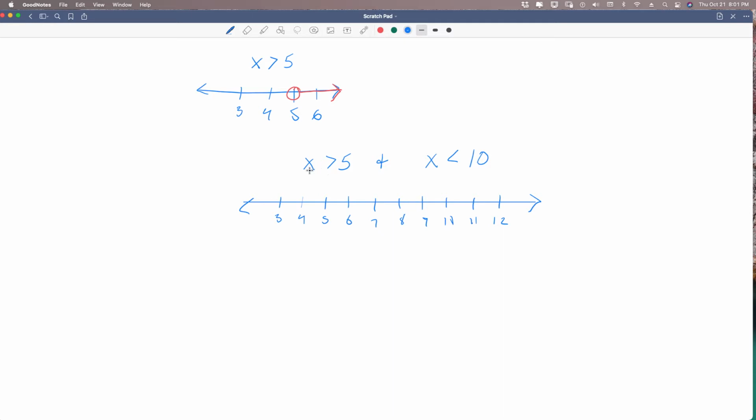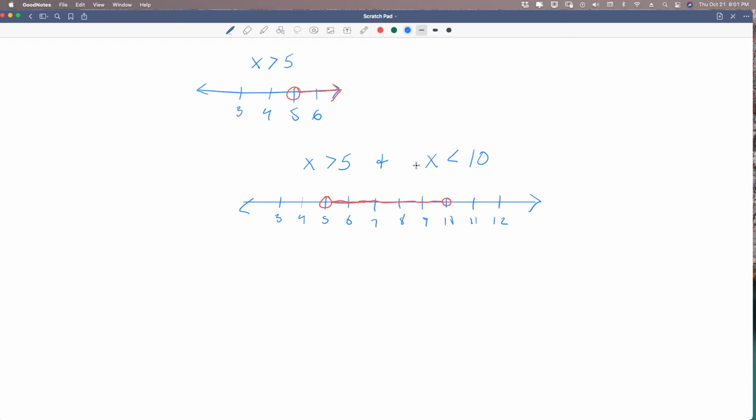All right, so if x is greater than 5, and there's no equal sign here, we want to circle 5 and go this way, to the side that's greater. But we can't go all the way because x is also less than this number. So x is less than 10, so we would circle 10 and we would go this way. And what we would do is we would just let those lines meet in the middle. And that's how we would graph that.